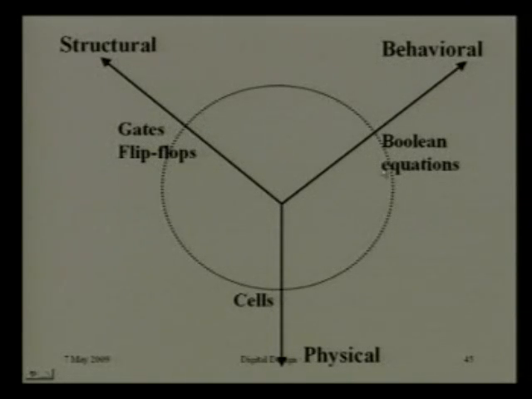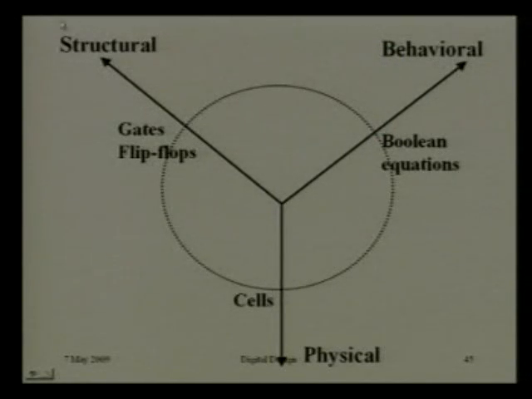Boolean equations can be the behavior, then gates or flip flops, logic gates, then cells. Actually the CAD tool you will be using, you can give your Boolean equations. Initially you do small things, you take an adder, 8-bit adder, multiplier, and I think they will be giving some decoder, okay. Then you take this type of circuit and do it in this way.